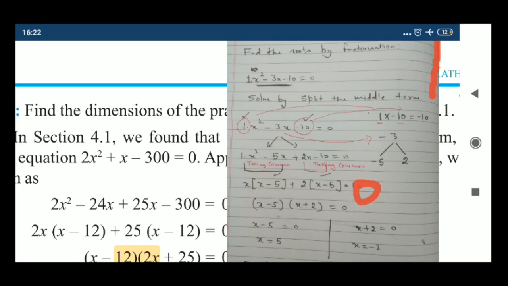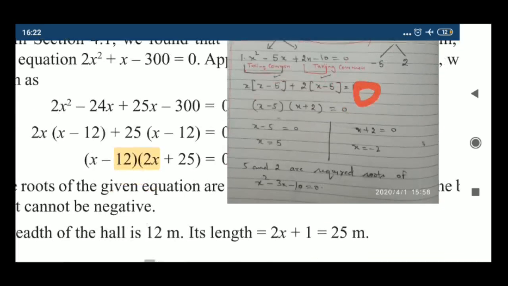Now compare each factor with 0, and we will get the values of x. The first value is x equals 5 and another is x equals minus 2. These are the required roots of our quadratic equation x square minus 3x minus 10 equals 0.